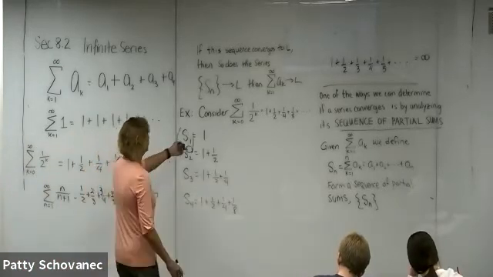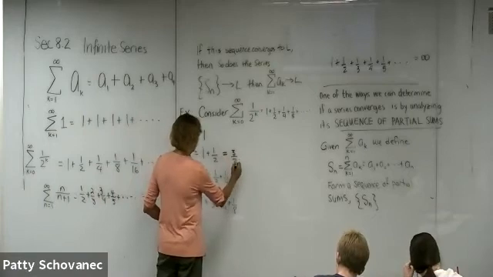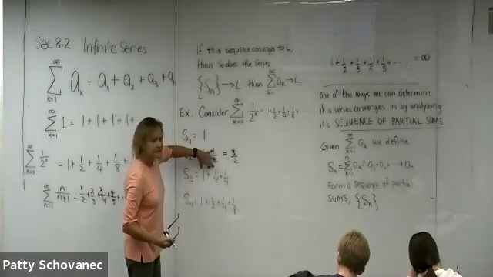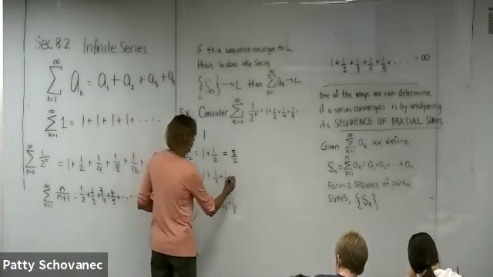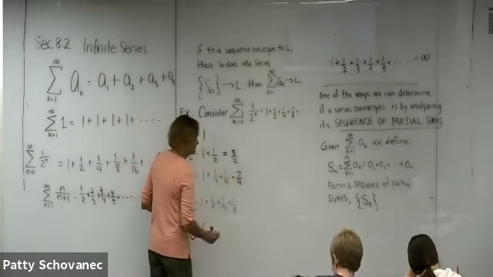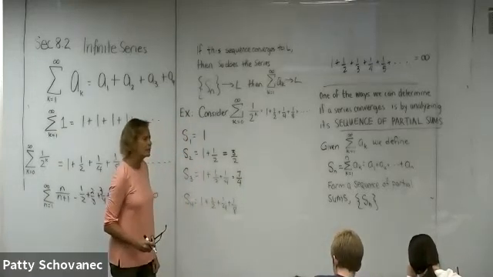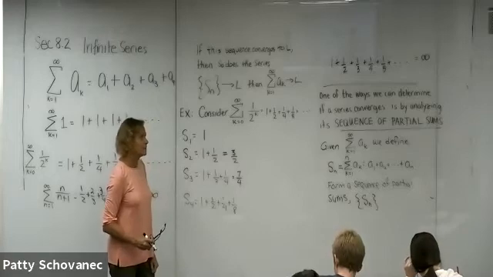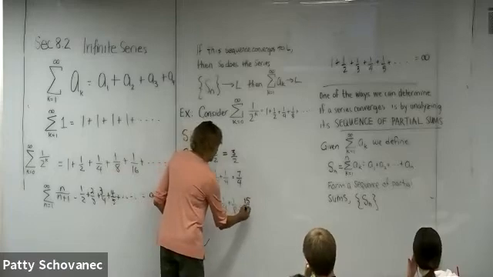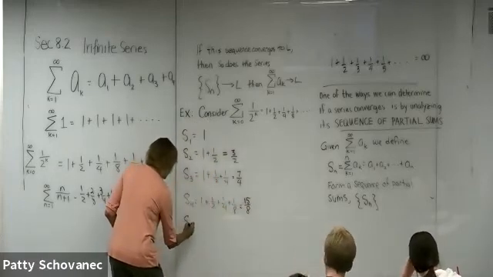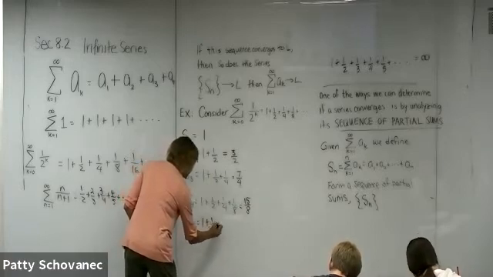Okay, that one adds to 1. This one adds to 3 halves. Take 3 halves and add a fourth. So that's 6 fourths plus 1 fourth is 7 fourths. That adds to 7 fourths. Now we're going to add 1/8. So that's 15 over 8. Let's get one more, S5. Take that number now and add 1 over 16.